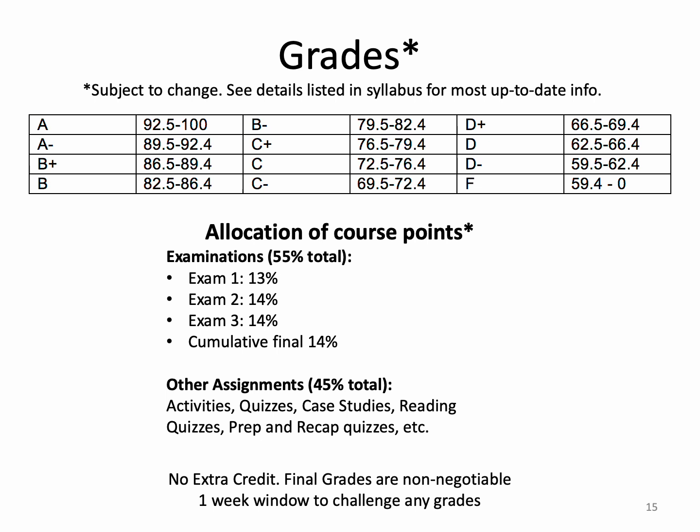Note that 55% of your grade comes from the exams, 13% from Exam 1, 14% from Exam 2, 3, and the cumulative final, and the other 45% of your grade comes from the other activities, quizzes, and case studies, etc., that we'll be submitting to Canvas. Lastly, there is no extra credit in this course. Final grades are non-negotiable, and you have a 1-week window to challenge any grades. So please make sure you keep on top of that stuff.